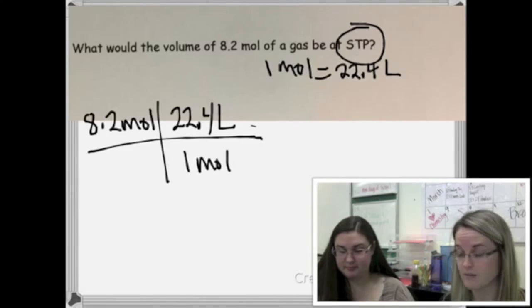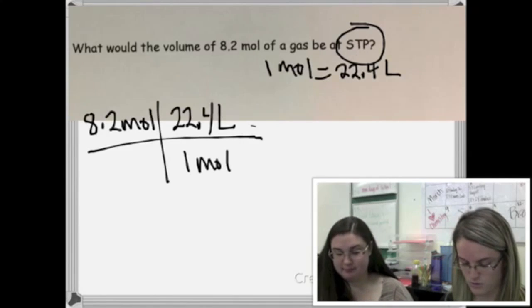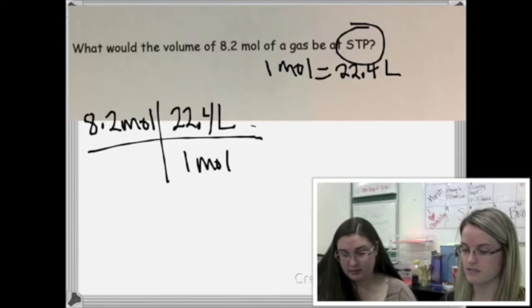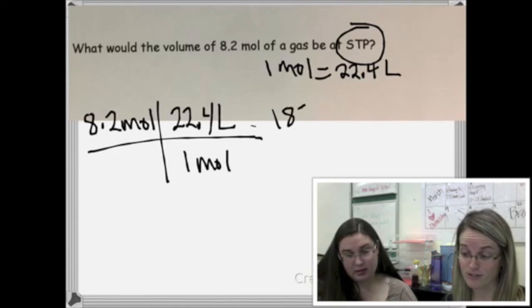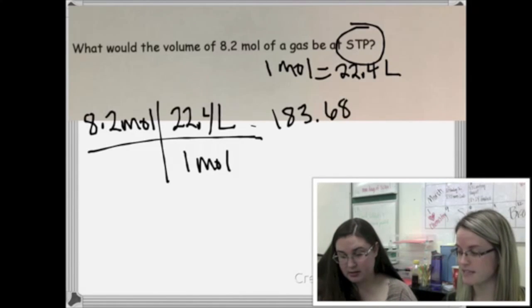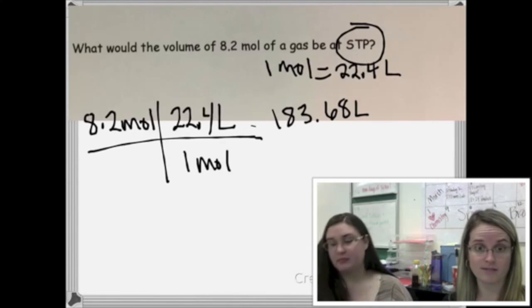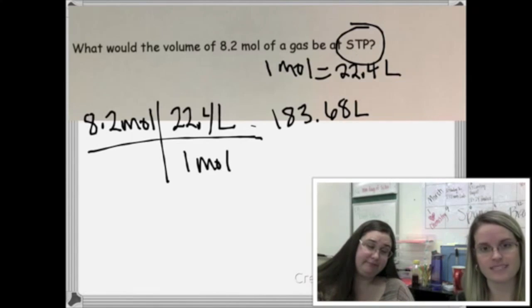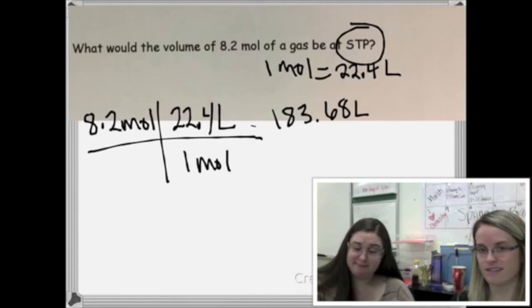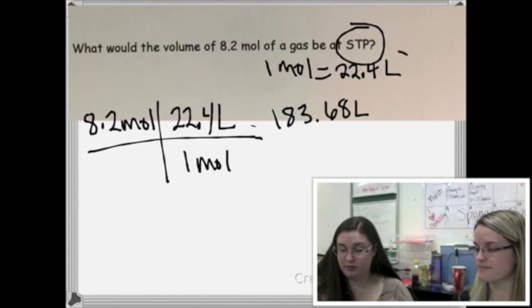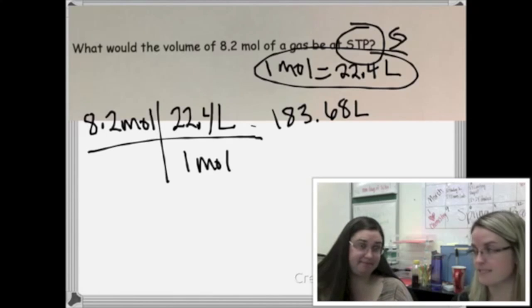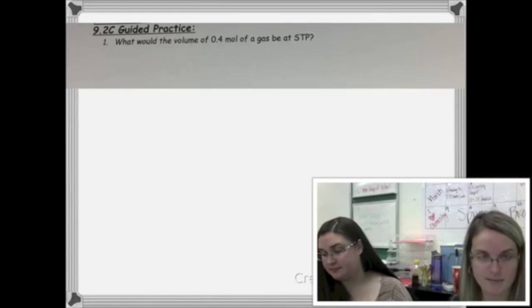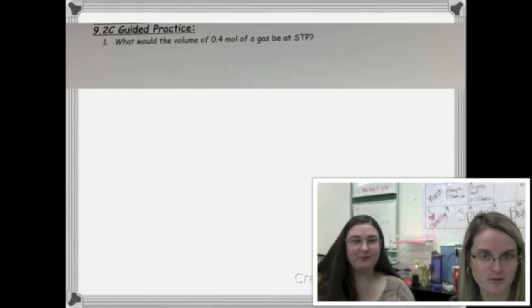We're going to do 8.2 times 22.4, and our answer is 183.68 liters, because the moles cancel out. That's pretty easy. But again, you have to remember this, and you have to remember it only goes with STP. All right, so take a stab at the 2 practice ones on your own.